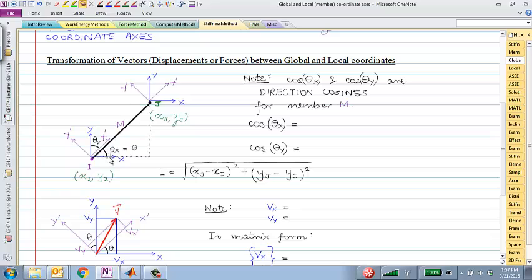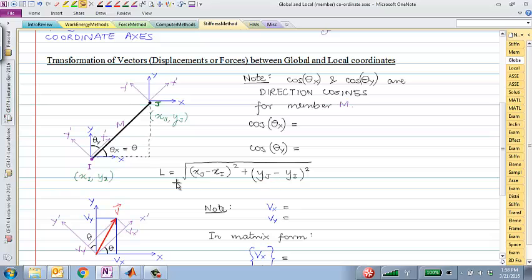So how can I find theta x? Yicheng? Cos. Yeah, how do I find cosine theta x? Oh, okay. That'll be base divided by the hypotenuse, right? So hypotenuse is the length of the element.